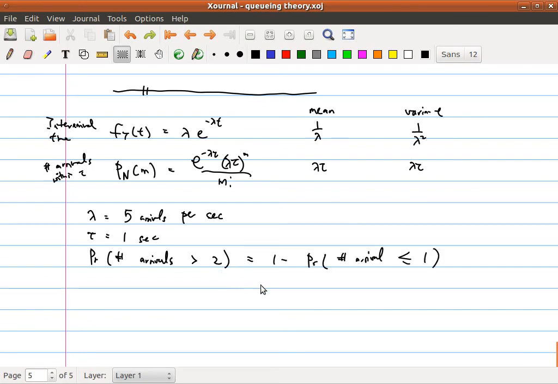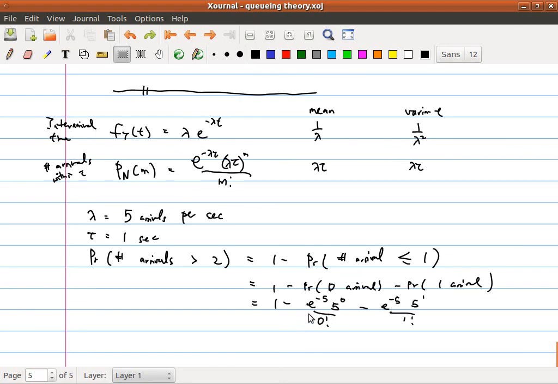So therefore it will be simply equal to 1 minus the probability that the number of arrivals will be less than or equal to 1, or more explicitly, it's just 1 minus the probability of 0 arrivals and the probability of 1 arrival. We can just use this equation here.